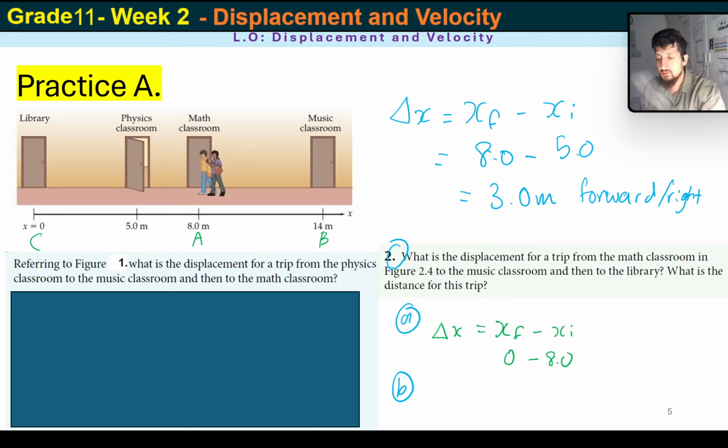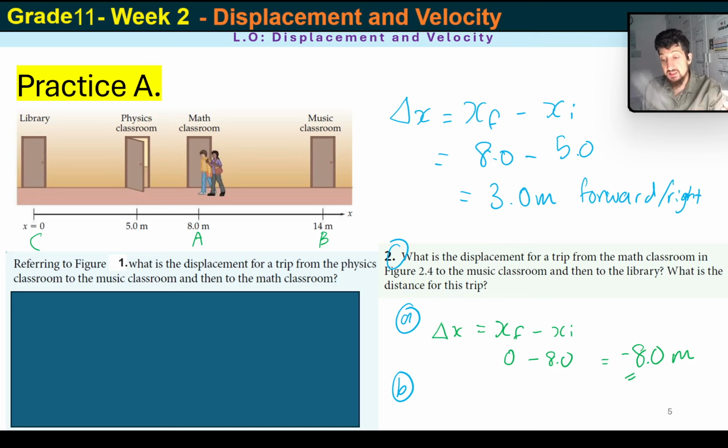Now why 0? Because that's the final. So 0 minus 8, and therefore the answer is going to be negative 8 meters. And the negative here indicates that we've gone backwards. So that's fine. You don't have to say 8 meters to the left. You can just say negative 8 meters, which indicates that we've gone backwards. Okay. What about the next one?